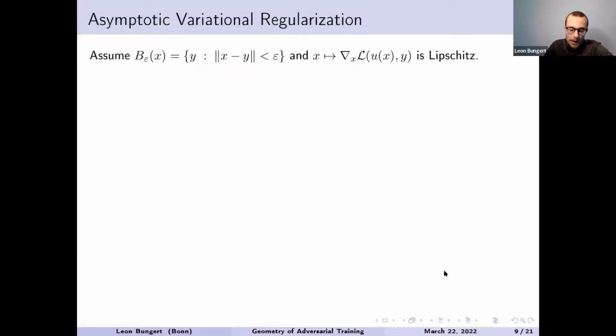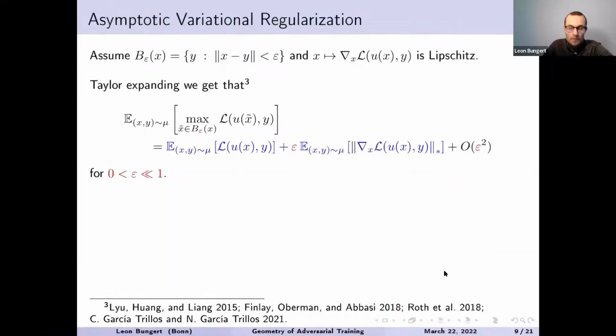Okay. And what you can do in this setting, you just do a Taylor expansion of the adversarial risk. So you take the adversarial risk, which is this expression here, and you Taylor expand it in the x variable.